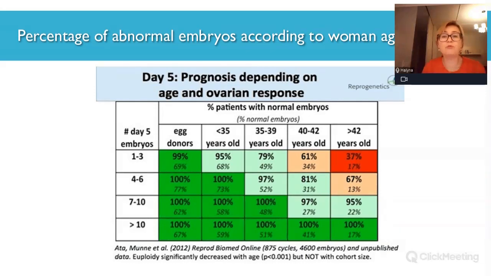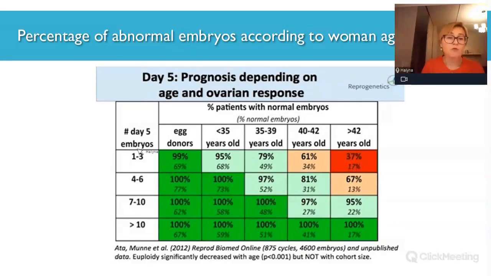Mostly it is due to a genetic problem of eggs. You can see in this slide that, for example, if we have a woman with an average response like 7 to 10 eggs, before 39 years old, mostly 100% of these women will have at minimum one genetically correct embryo.